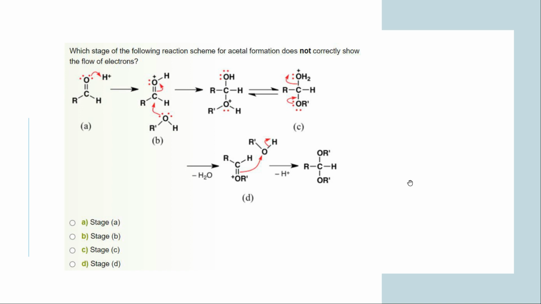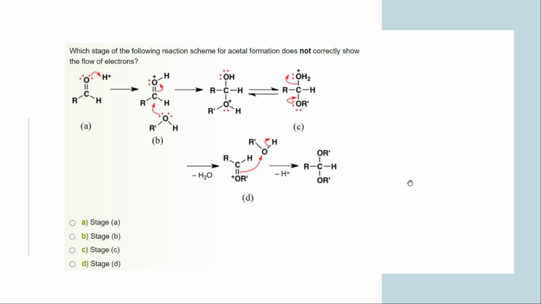Which stage of the following reaction scheme for acetal formation does not correctly show the flow of electrons? So you are given a mechanism for acetal formation, where all electron pairs and arrow pushing are being shown in each of the steps.